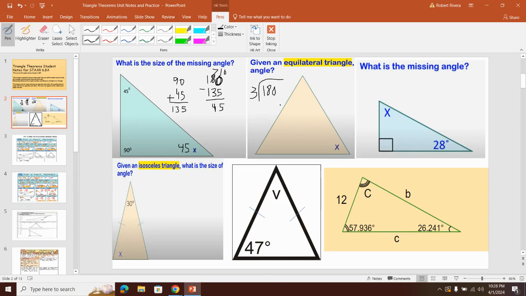Equilateral means that all the sides are equal and all the angles are equal. So this side and this side are equal to each other, and this angle and this angle and this angle are equal to each other. So I can divide 180 divided by 3. That will give me 60.